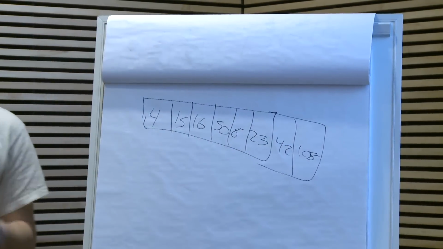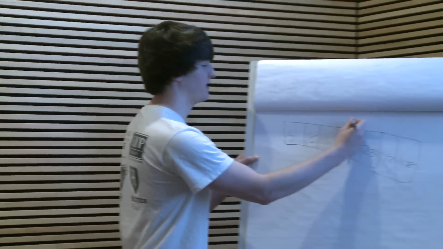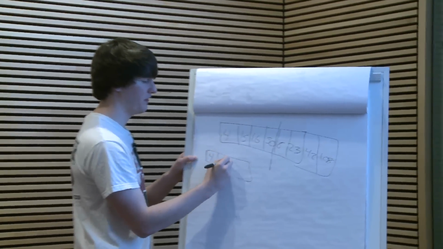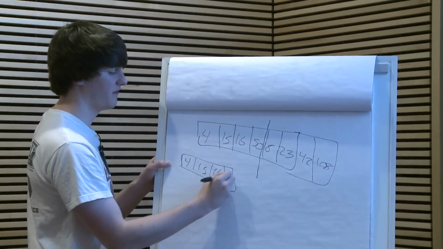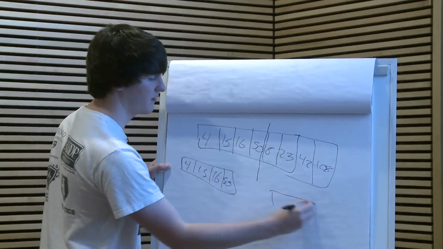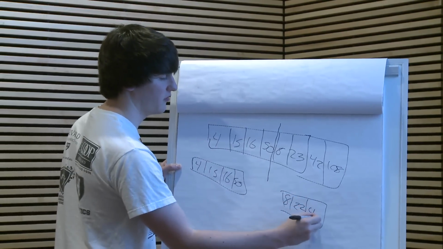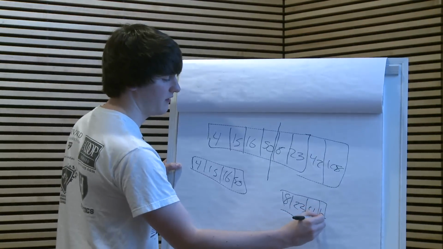Step 1 of merge sort is to recursively break the array into halves. So we split this array into halves. We now have 4, 15, 16, 50, and 8, 23, 42, 108.